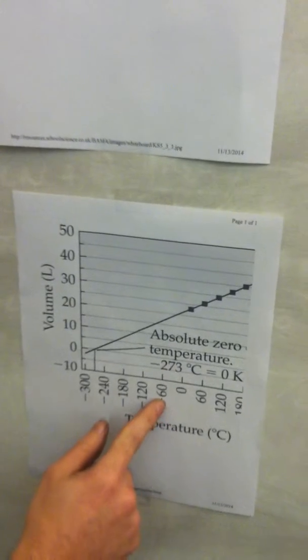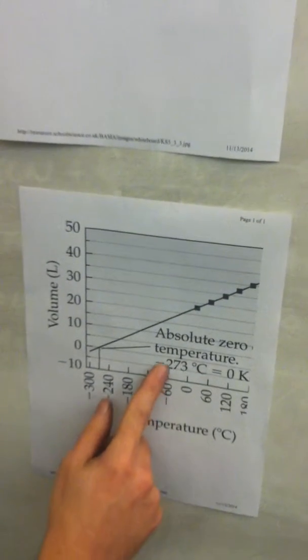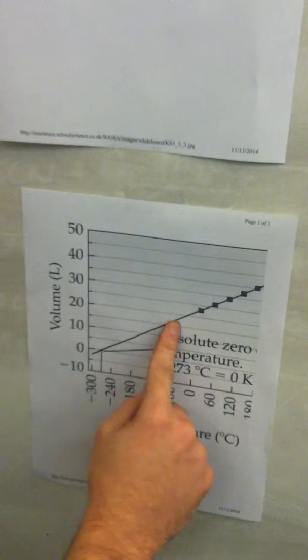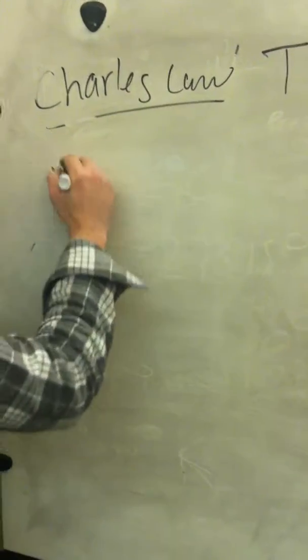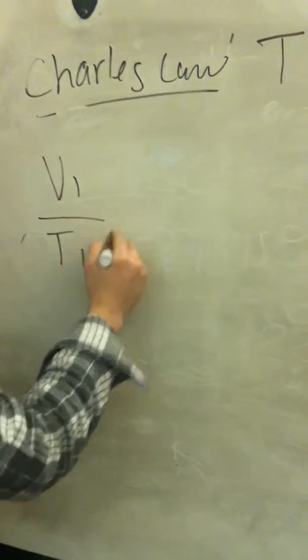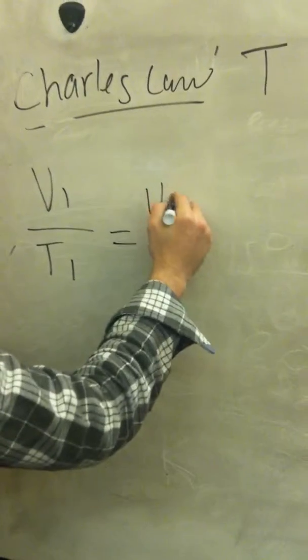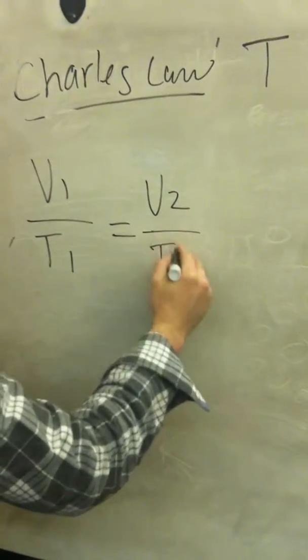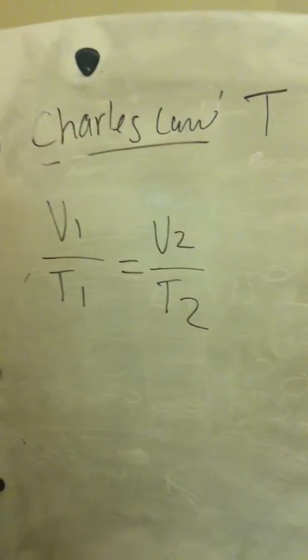And when the temperature is negative 60, it goes up about here. If you look at it, you can see that when the temperature increases, the volume increases. So this proves that V1 over T1 is equal to V2 over T2, which is the Charles' Law equation.